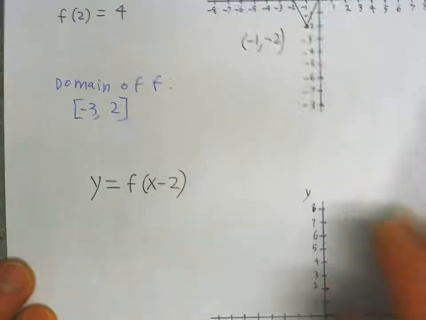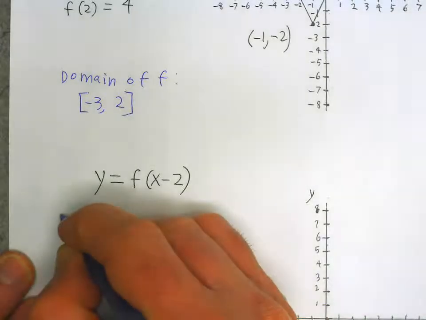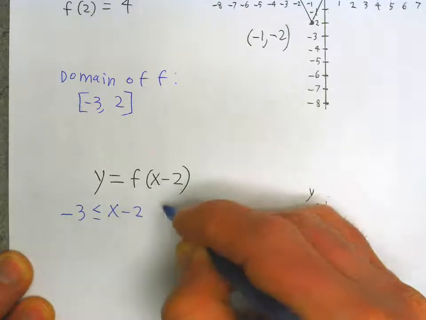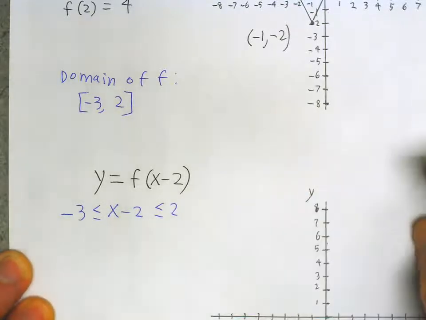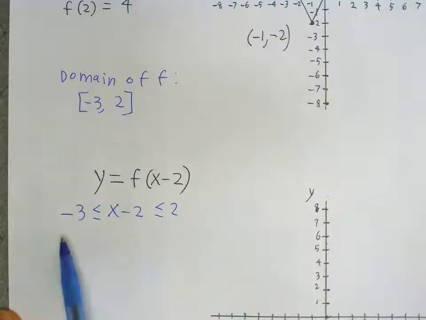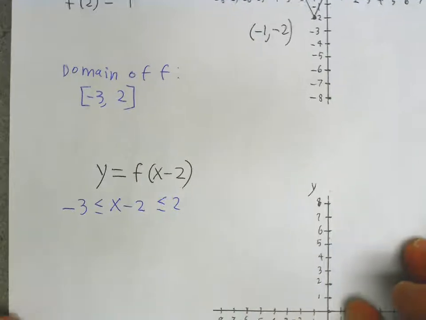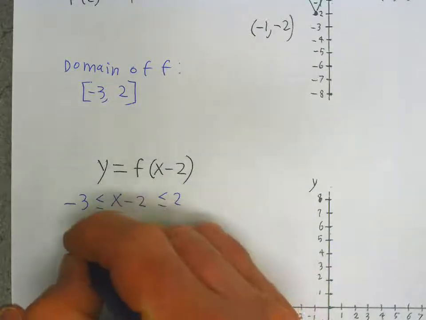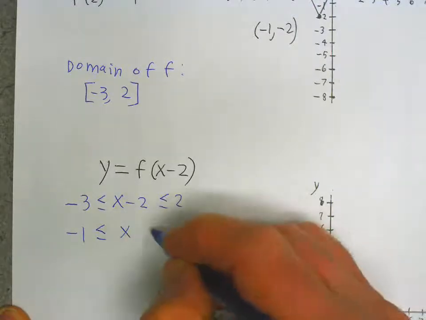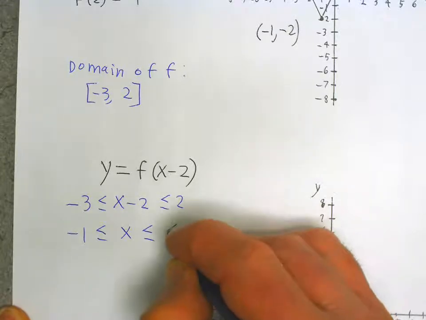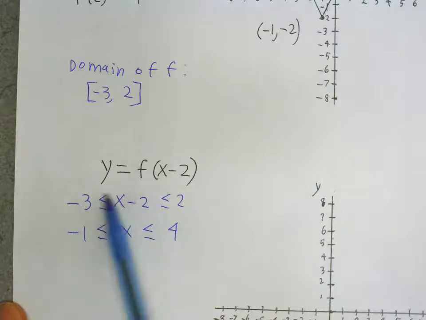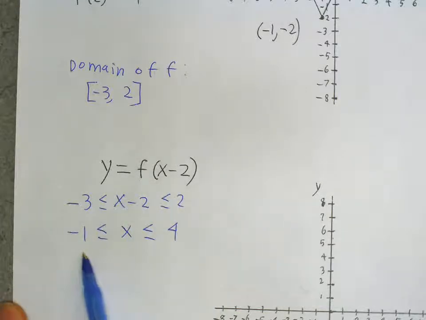So what we can do is write -3 less than or equal to x minus 2, which is less than or equal to 2, and then solve this compound inequality for x by adding 2 to all three parts. -3 plus 2 is -1, and x minus 2 plus 2 is x, and 2 plus 2 is 4. So this tells us that the domain of y equals f of x minus 2 is from -1 to 4.